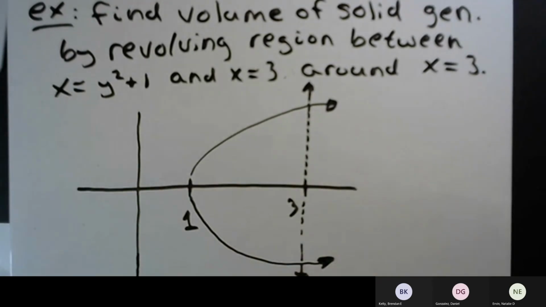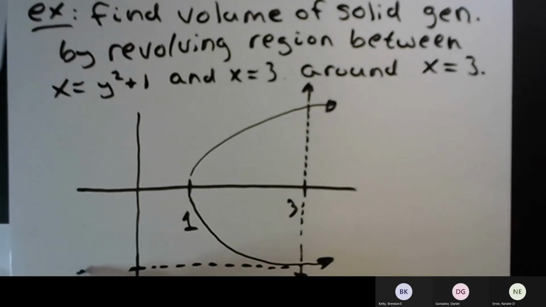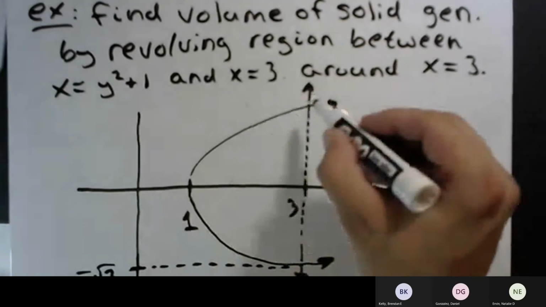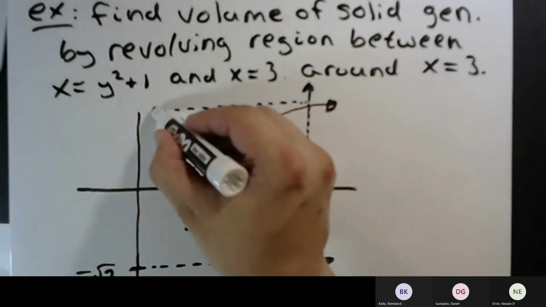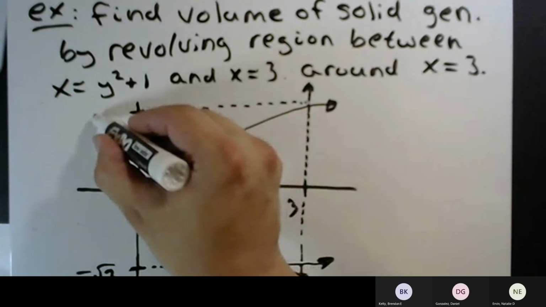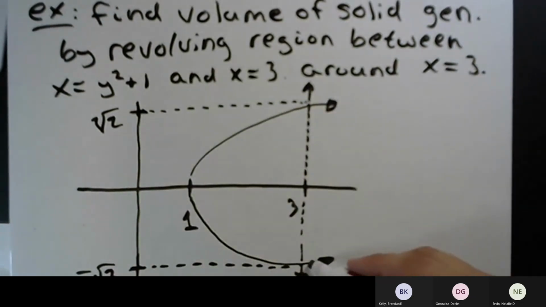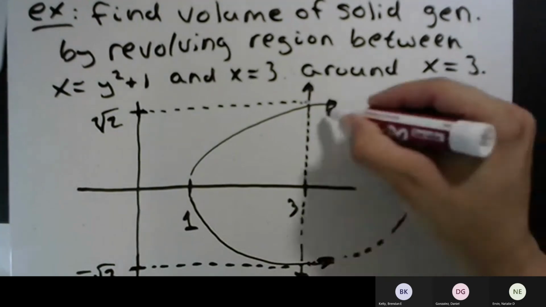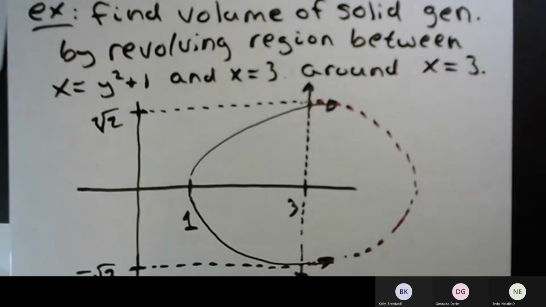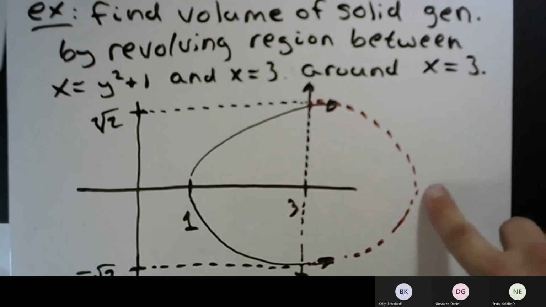And where these intersect, negative square root 2, square root 2. I'm going to revolve it around x equals 3. So we're going to get a cross-sectional area that looks like this. Well, yeah, that's what we're going to get for a cross-sectional area.